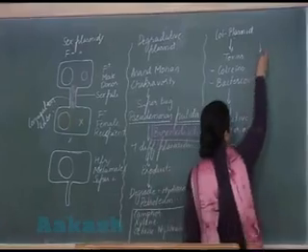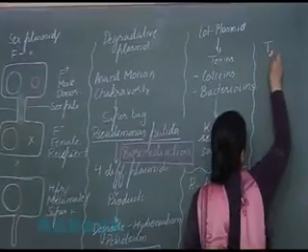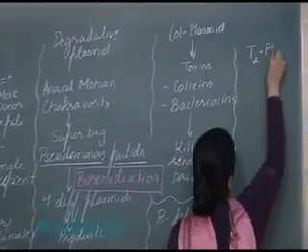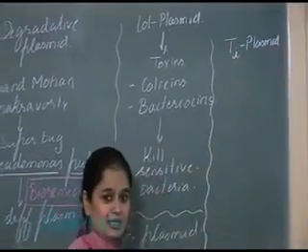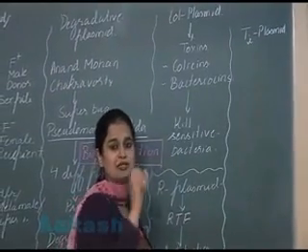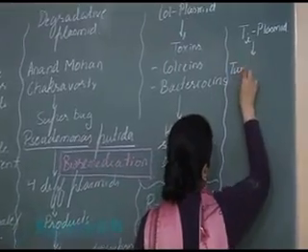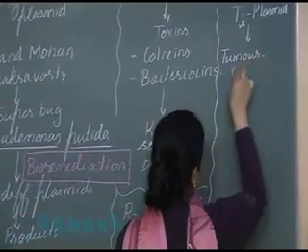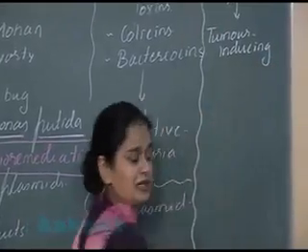Now the last category of plasmid is the TI plasmid. T is tumor, I is inducing, that is tumor inducing plasmid. Right?